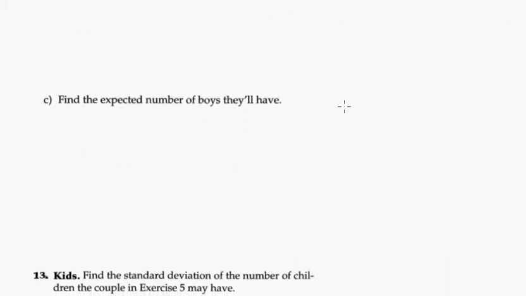Okay, now they want us to find the expected number of boys. Alright, so let's see if we can. So we have girl, boy. So this would be 0 boys. Then we go again, girl, boy. So this would be 1 boy.